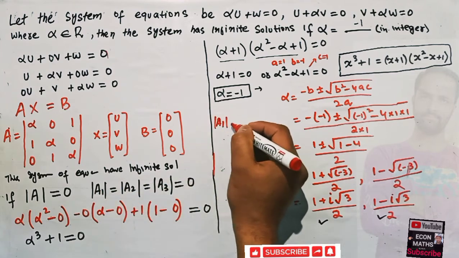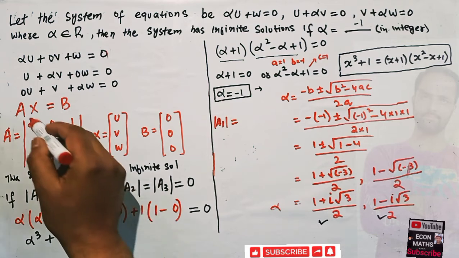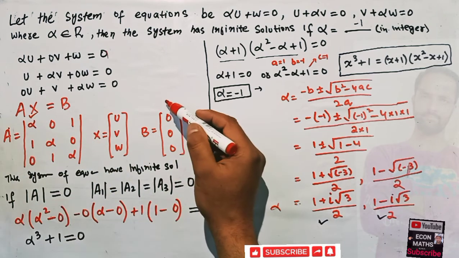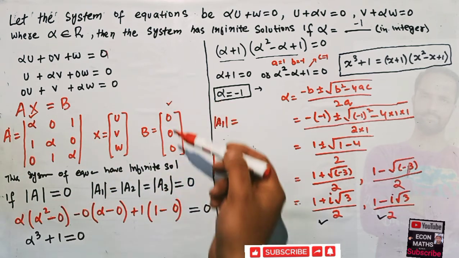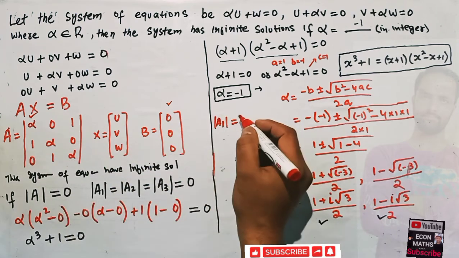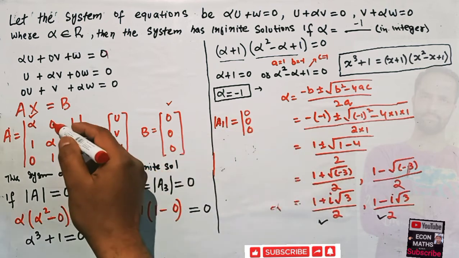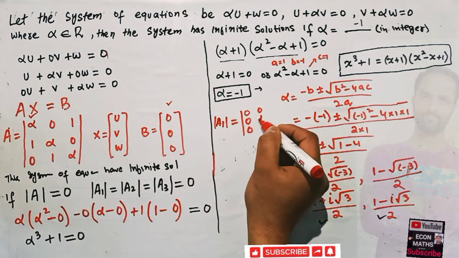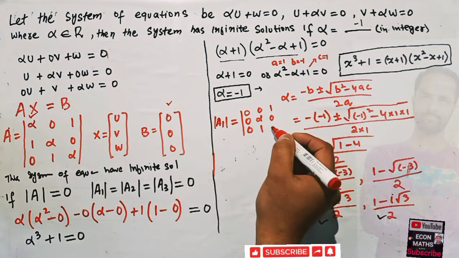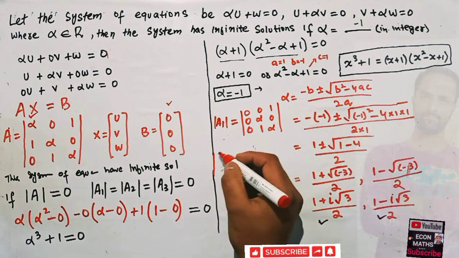A1 is our special matrix which is formed by replacing the first column of this coefficient matrix with the vector of constant terms. So in place of alpha 1 0 we write 0 0 0. That means we have 0 0 0, then 0 alpha 1, then 1 0 alpha. If you take the determinant, it will also be equal to 0.